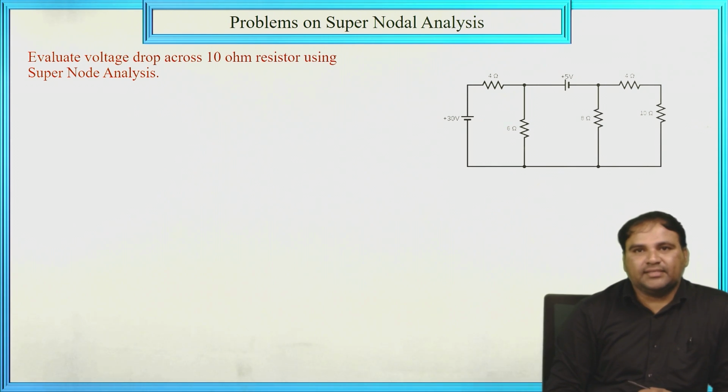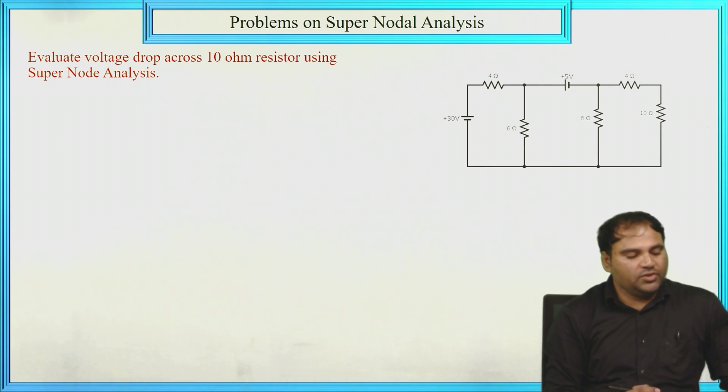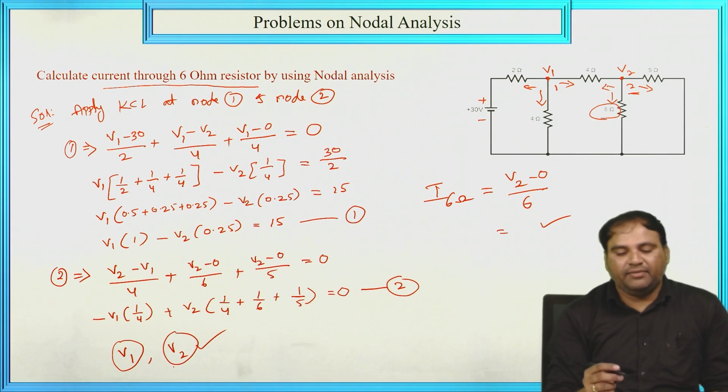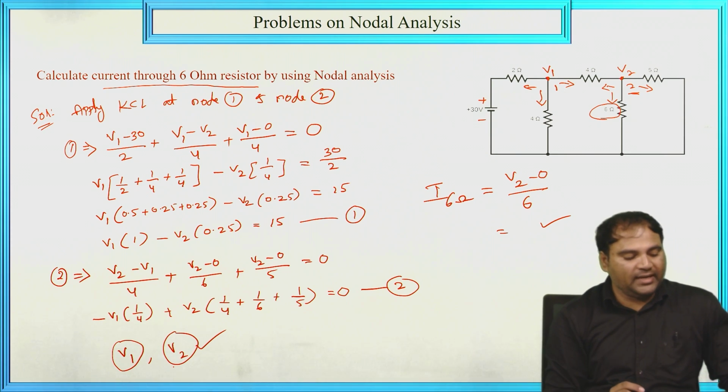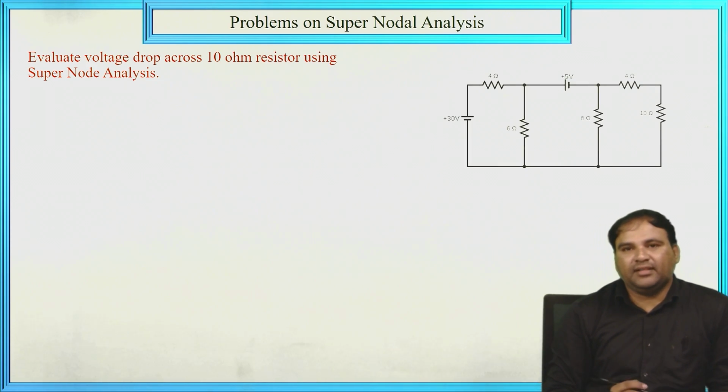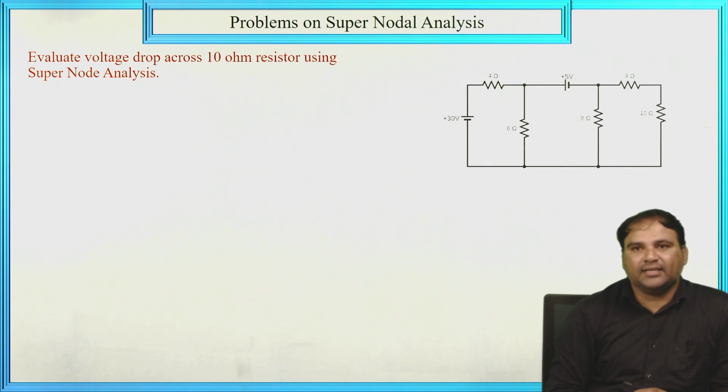Now supernode analysis. The difference between nodal analysis and supernode analysis is that in nodal analysis we can directly write the nodal equation. But in supernode analysis, how can we find that the circuit belongs to supernode analysis?